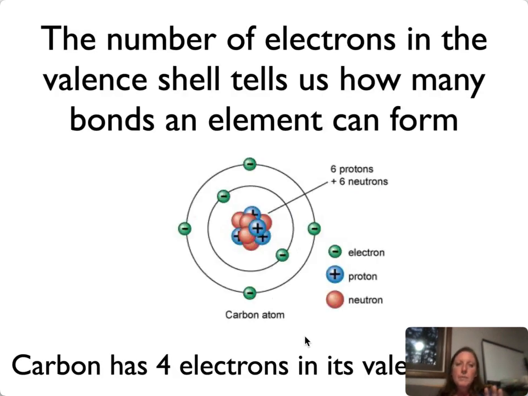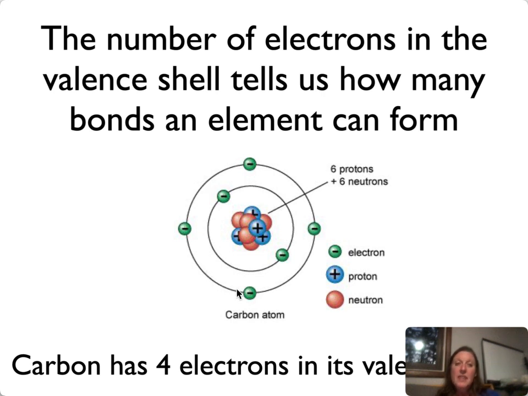Now, one more thing that's important about the valence shell. The number of electrons that we see in the valence shell tells us how many bonds an element can form. So this is the element carbon. Carbon has 1, 2, 3, 4, 5, 6 electrons. Now, those first 2 electrons ride in the sports car, the innermost shell, and the remaining 4 sit in the minivan.